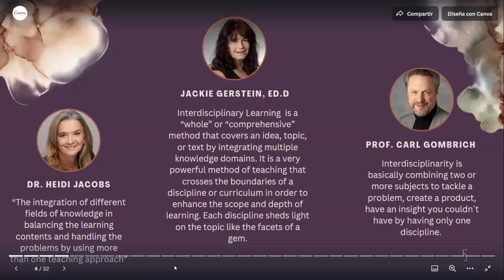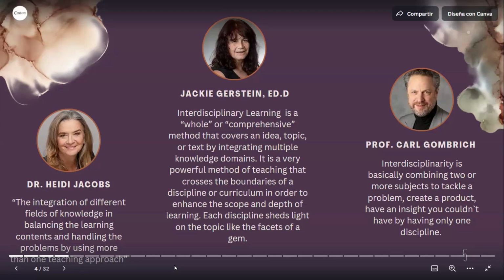Also, Jackie Gerstein, who is also into education, and you will see a graph that I really like, explains that interdisciplinary learning is a whole or comprehensive method that covers an idea, a topic, or a text by integrating multiple knowledge domains. It is a very powerful method of teaching that crosses the boundaries of disciplines or curriculum in order to enhance the scope and the depth of learning.